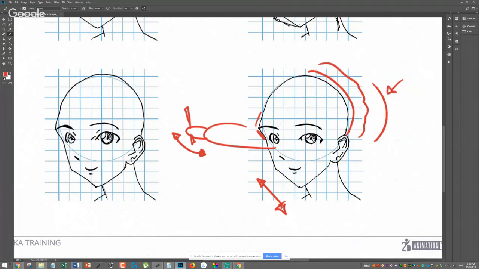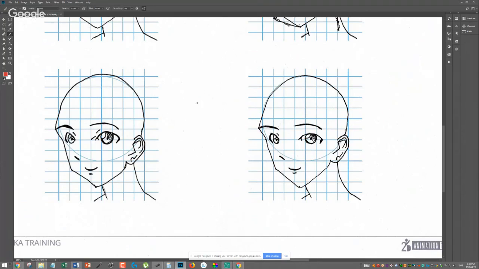To be able to do this, you need to be precise. This is a huge debate I have with a lot of students. They are asking if they should draw with a mouse. With a mouse? No. They say, okay, I have a drawing tablet.